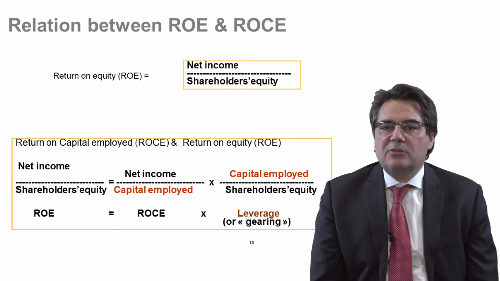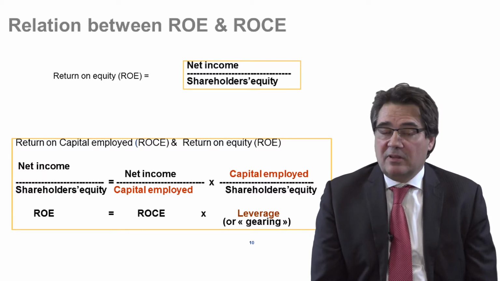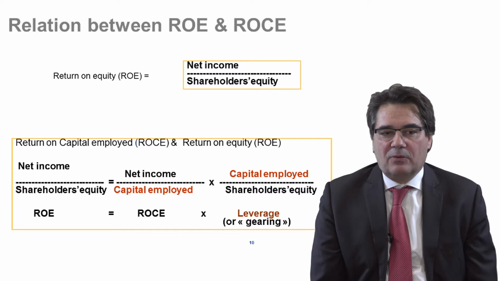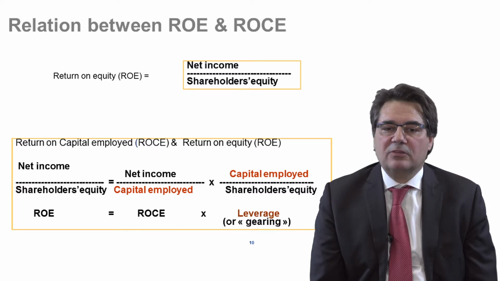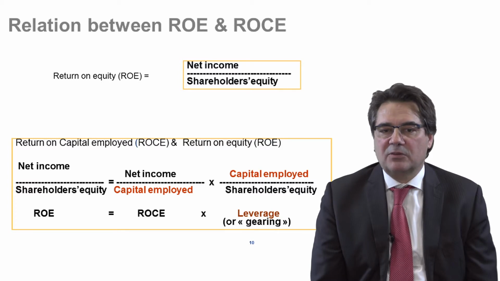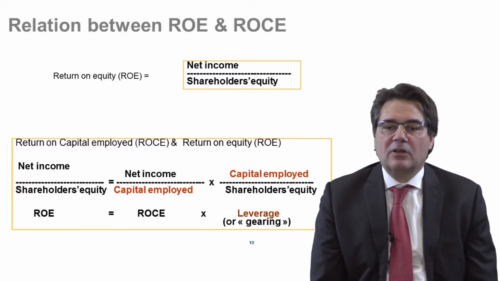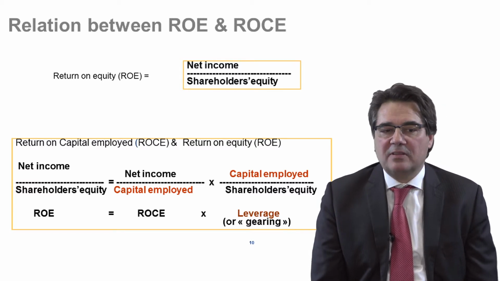What is the relation between return on equity and return on capital employed? Return on equity measures the rate of return on the ownership interest, the shareholders' equity, of the common stock owners, and highlights the relationship between return on capital employed and return on equity.